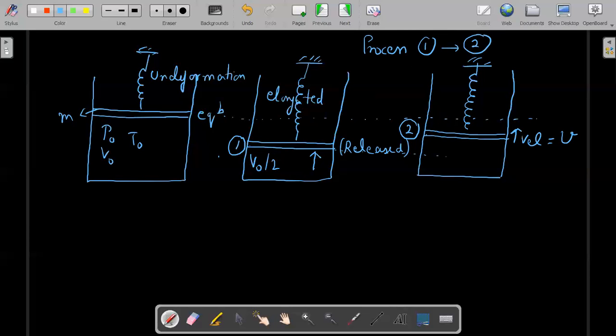This is my first thermodynamic state, and this is my second thermodynamic state. Now we will apply the first law of thermodynamics, or law of conservation of energy, between thermodynamic state 1 and thermodynamic state 2. We will compare these two thermodynamic states.